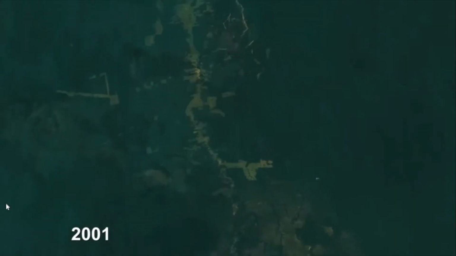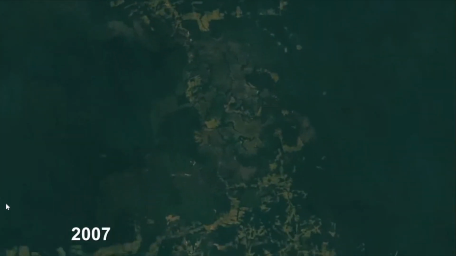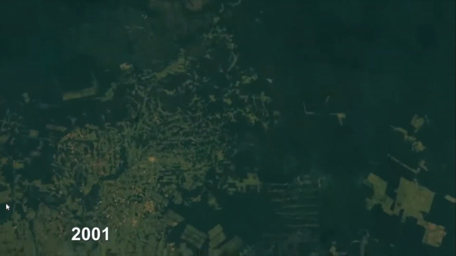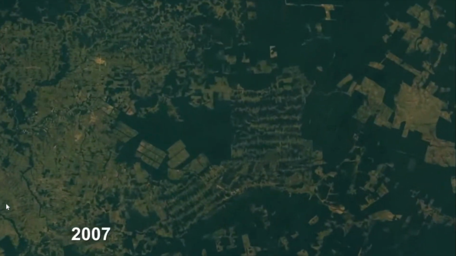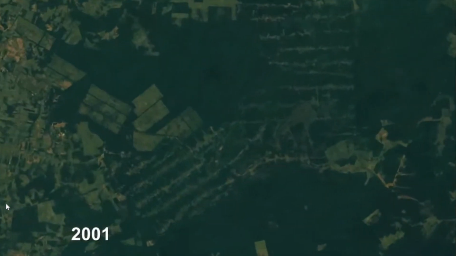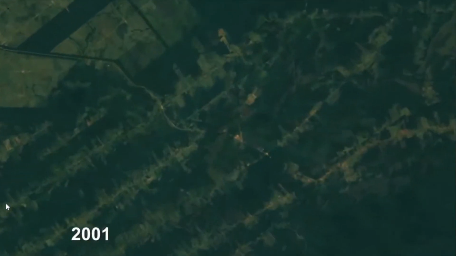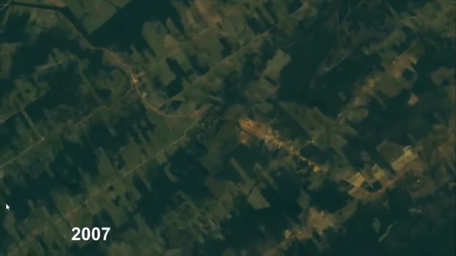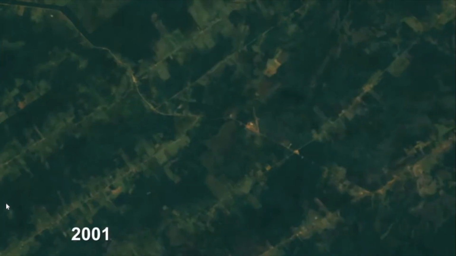And progressively you get this fishbone pattern that expands and expands and grows together into things that look more like this. And the forest is just a handful of little scraps anymore that are scattered throughout between farm fields where it's either a low spot that's wet or for some other reason isn't ideal to farm.